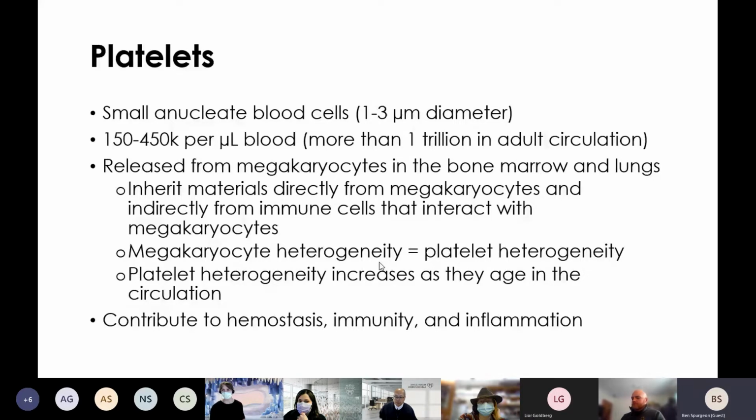They're continually released into the bloodstream by megakaryocytes, which reside mainly in the bone marrow, but are also present in the lungs. Megakaryocytes are themselves very heterogeneous, and we think that distinct megakaryocyte subpopulations release distinct platelet subpopulations into the blood.